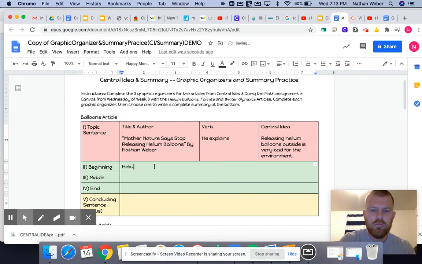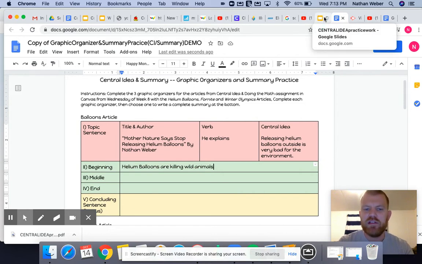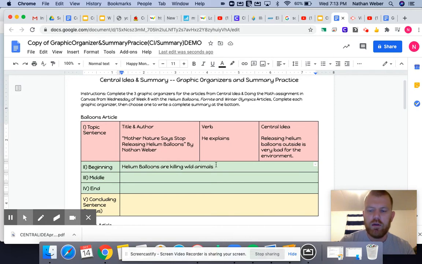Helium balloons are killing wild animals. We won't be specific because I'm sure there's more wild animals they're killing, and it only gives us two in the text. So just saying wild animals is totally fine. Helium balloons are killing wild animals. So there's our first detail.